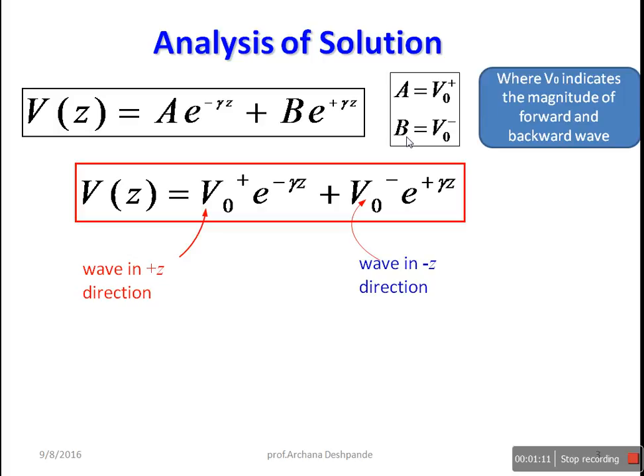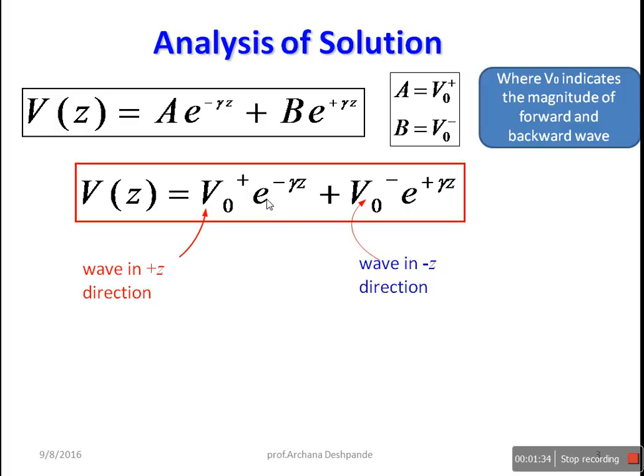So if A and B are V0 plus and V0 minus, where V0 indicates the magnitude of the forward and backward wave, for the forward wave we write the suffix as plus, and for backward it is minus. Therefore the solution for the voltage across the transmission line, V of Z, is the addition of these two parts.